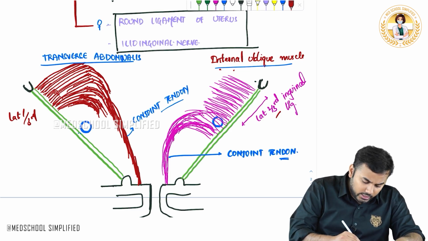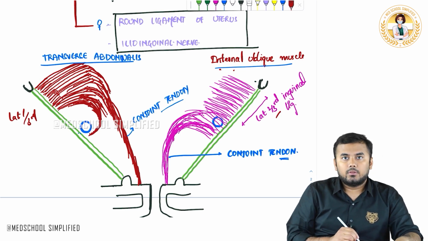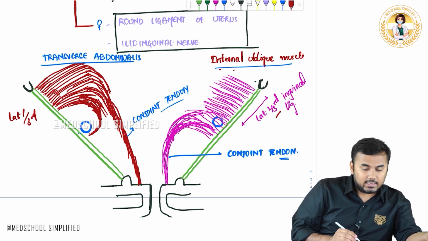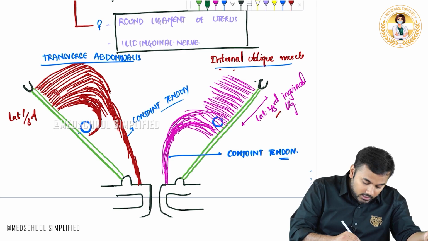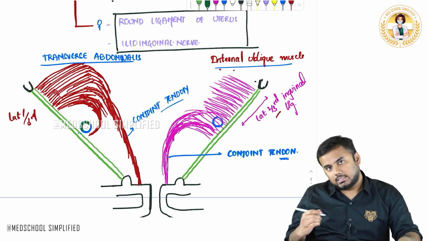Not only that, if you look here carefully, some of these fibers are reflected down, right? They are even covering the medial surface of the ring. So the ring has one lateral surface. Look, this surface is called the lateral surface of the ring, and the blue one is called the medial surface of the ring.